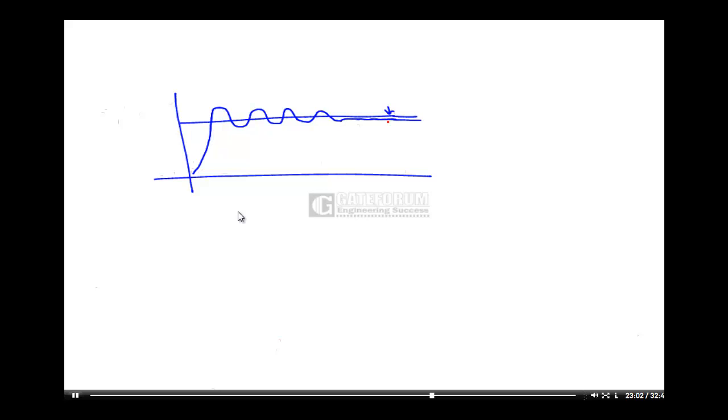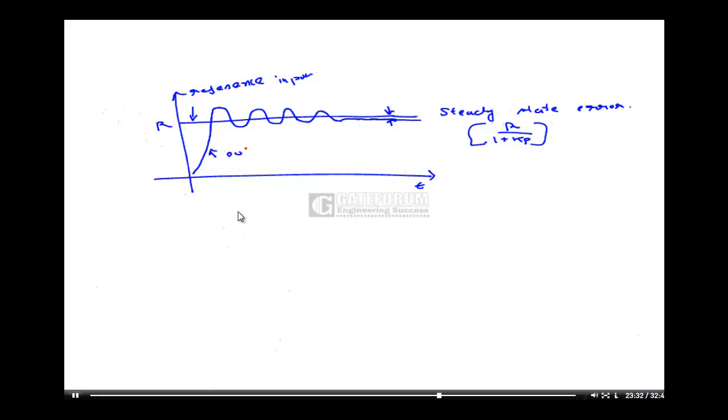This point is the steady state error, and this is equal to R upon 1 plus Kp, where Kp is the position error constant. My reference input is R, right? Output.